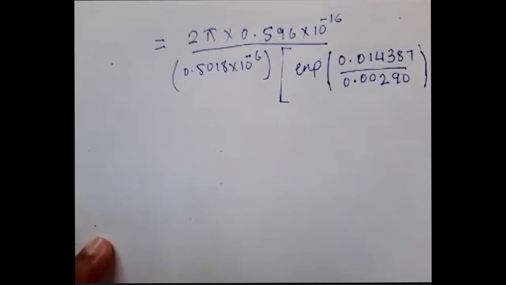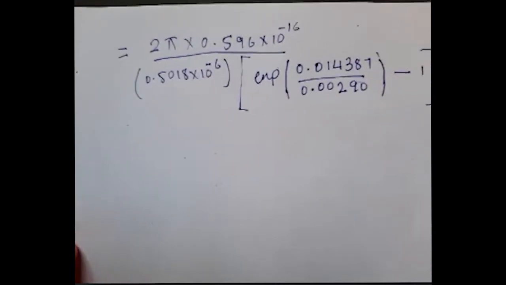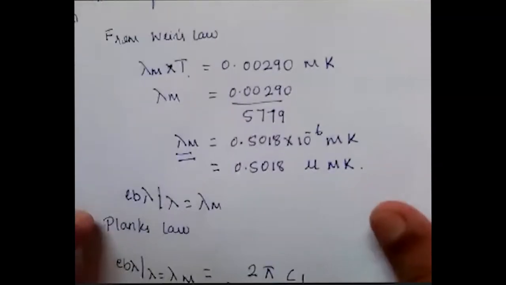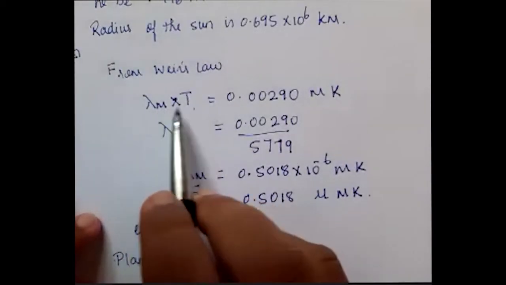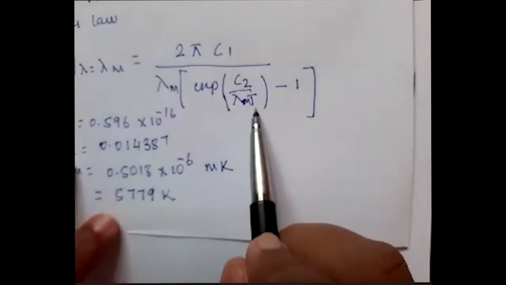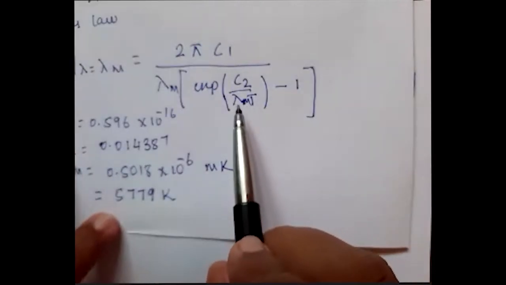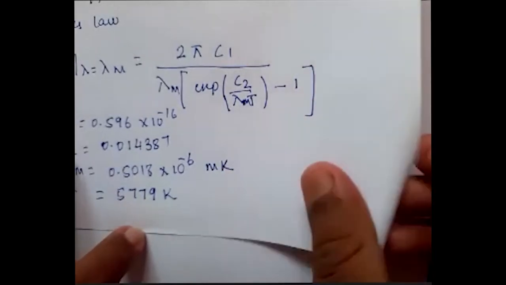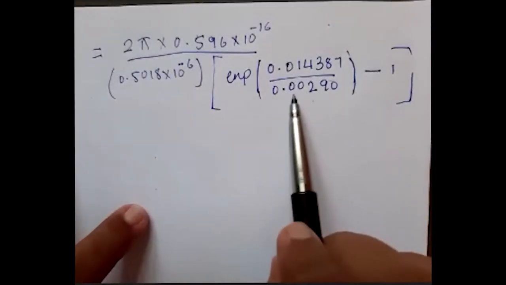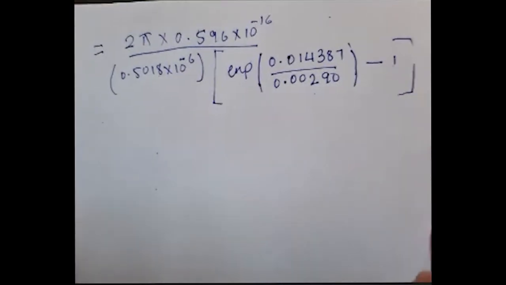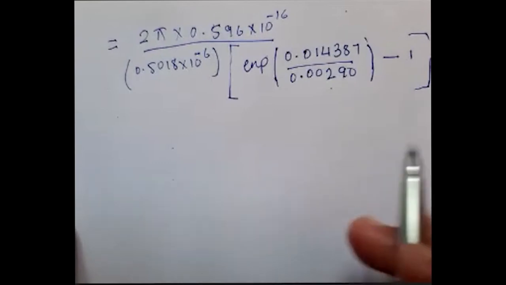Why am I taking it as 0.00290? Because according to Wien's law, lambda m into T is nothing but 0.00290. It's not necessary to substitute lambda m and T, which will fetch me the same value, 0.00290 only.